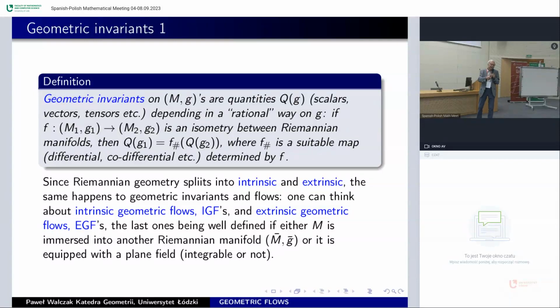And here it means arises from g itself, and extrinsic arises from the first and second fundamental forms. This extrinsic geometry makes sense if our manifold is immersed in another manifold, or it's equipped with some extra structures, which usually look like a plane field.